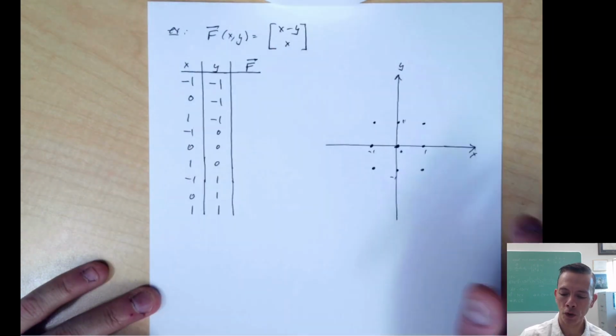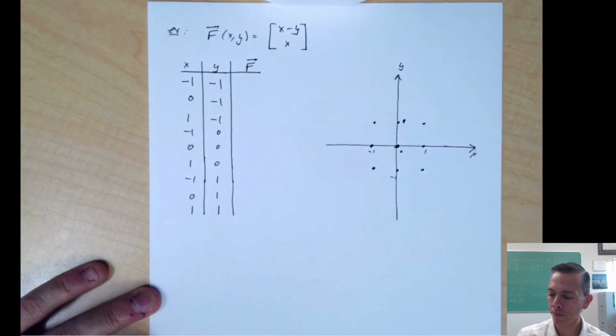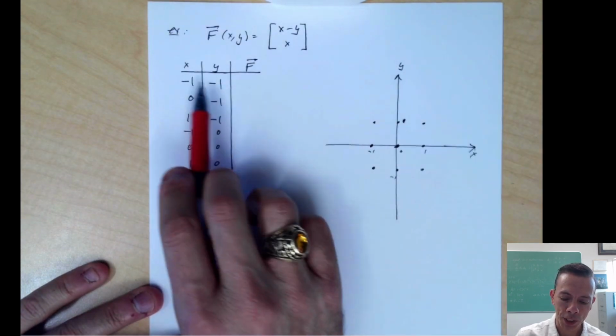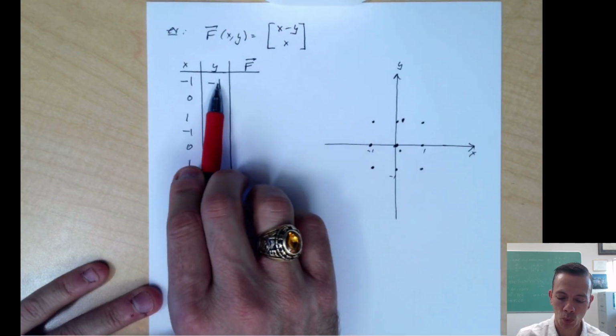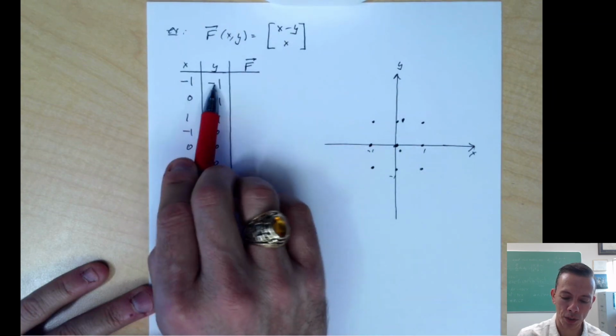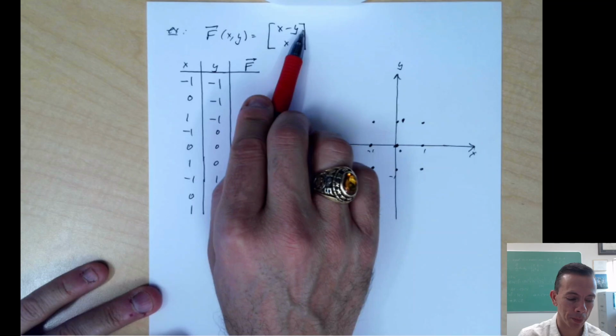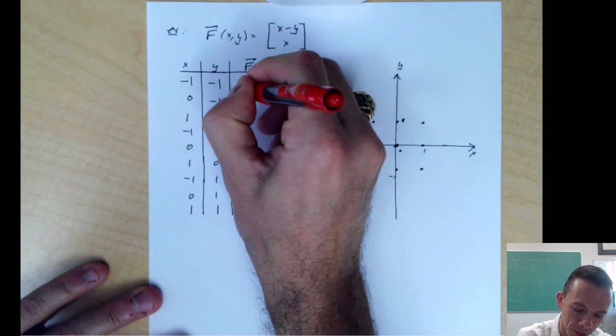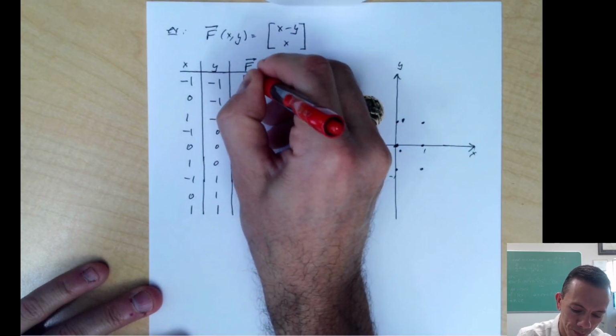You can go much further, but it takes a long time to do this. So I'm just only taking 9 points around the origin. Now each one of these 9 pairs of points xy I will plug into the function. So if you have x equals -1 and y equals -1, when you plug them in here, the result is the vector 0, -1.